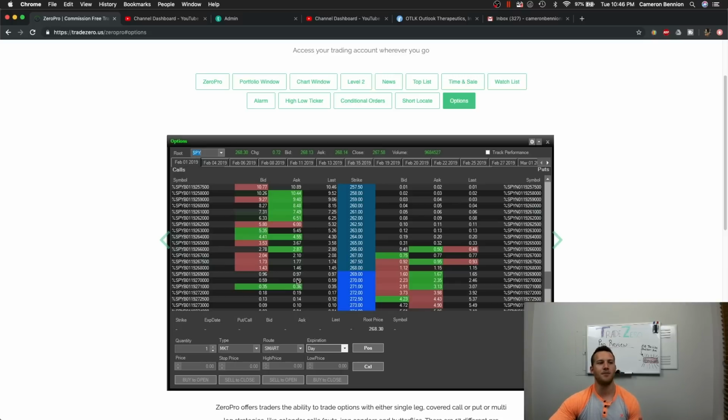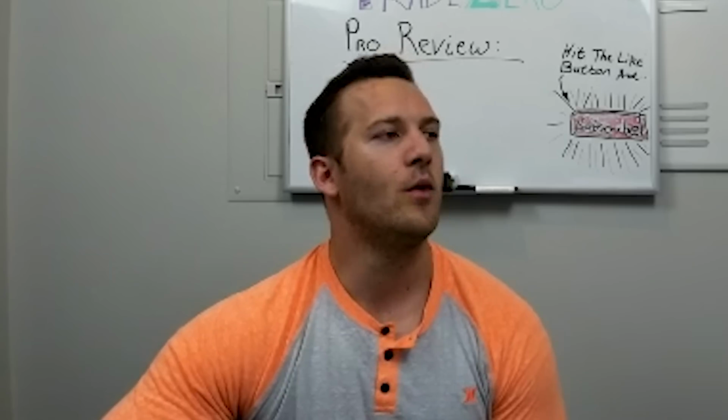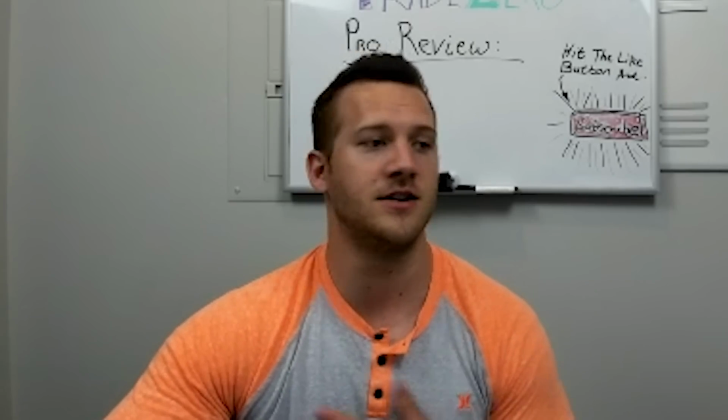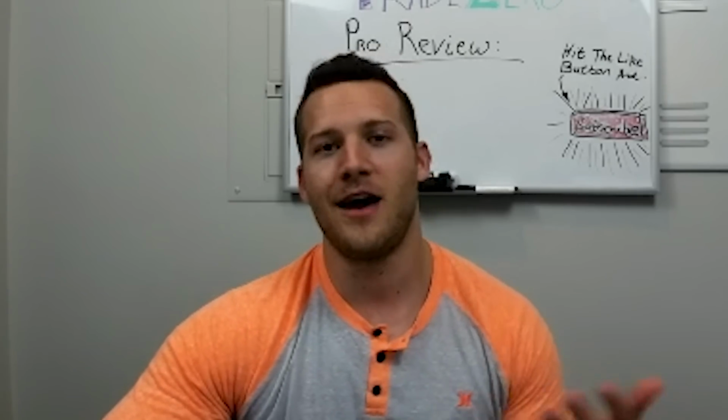Very simple, very easy to use. You can find the date of when you want the contract to expire. It's honestly pretty simple. So without further ado, let's transfer over and I can show you my setup on the Tradezero Pro platform, and we can go from there.